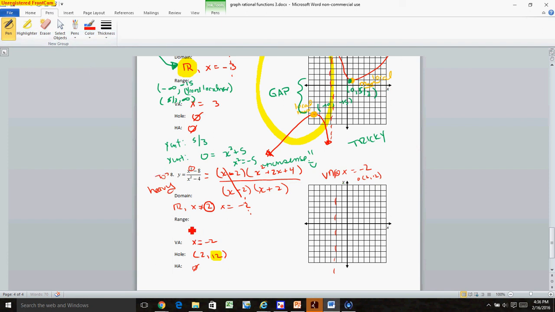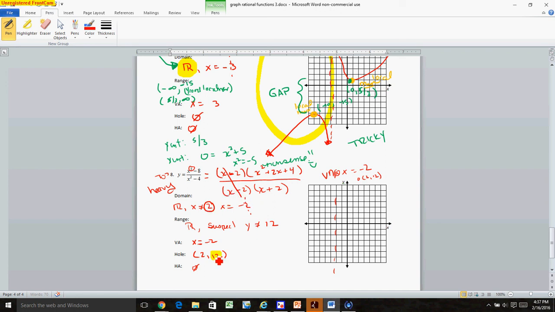So my range is all real numbers. And I suspect that y can't be 12. Wait a second. Did I mess that up? No, 2 goes into here.